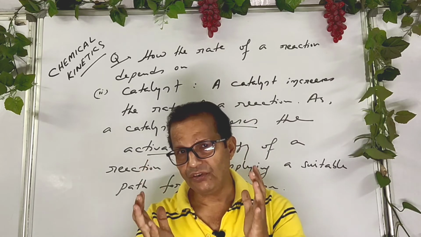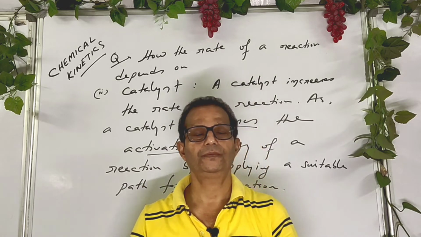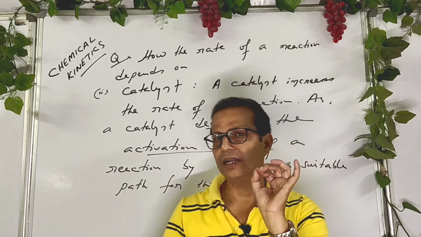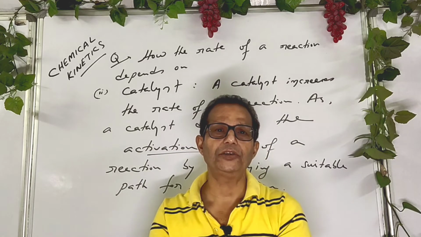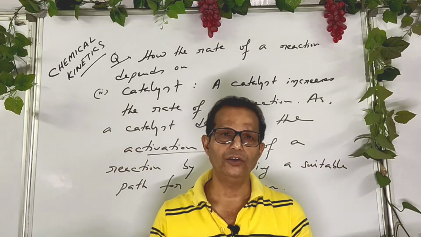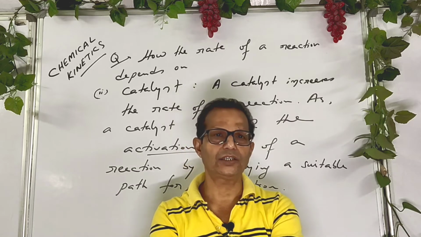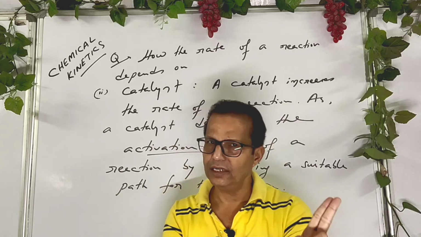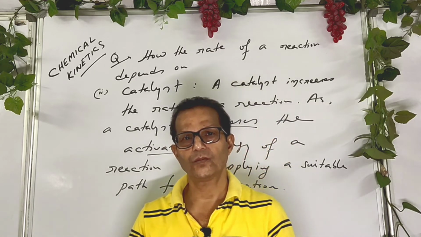That extra 50 kilojoule is called activation energy. If we use a catalyst, what happens then? A catalyst reduces the activation energy. Say, if we use a catalyst, only 20 kilojoule is required from outside so that the reactants easily change into product. That's why it is said that a catalyst decreases the activation energy of a reaction.